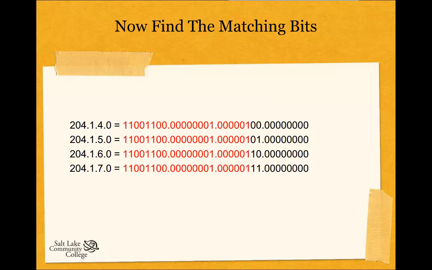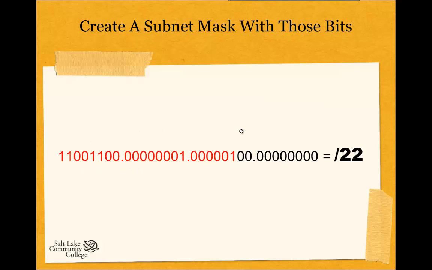Now that we know that, what we want to do is count up those bits and see what the mask is going to be. Well, if we look at that, we have 8 plus 8, 16, 17, 18, 19, 20, 21, 22. So our new summarized mask is going to be /22.